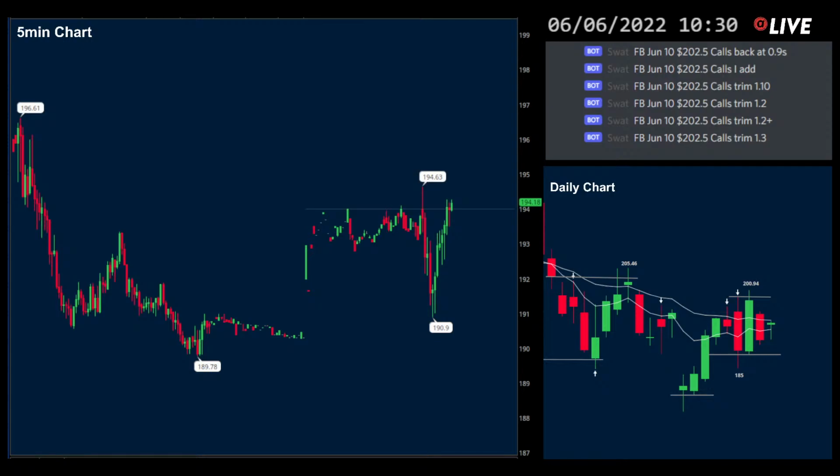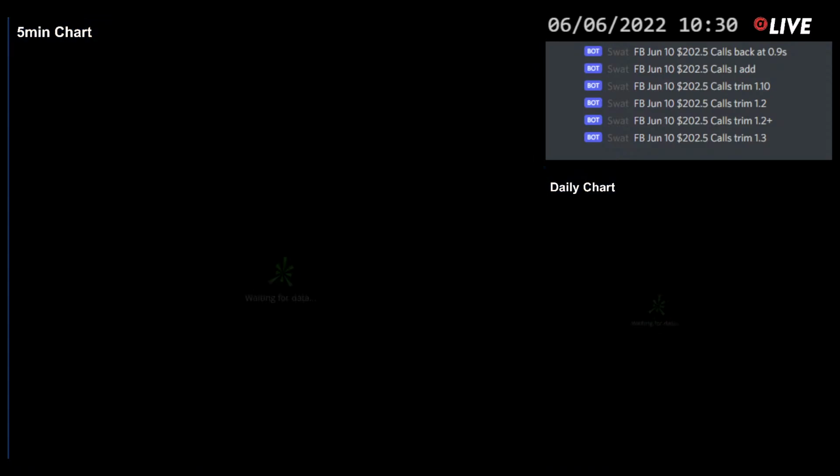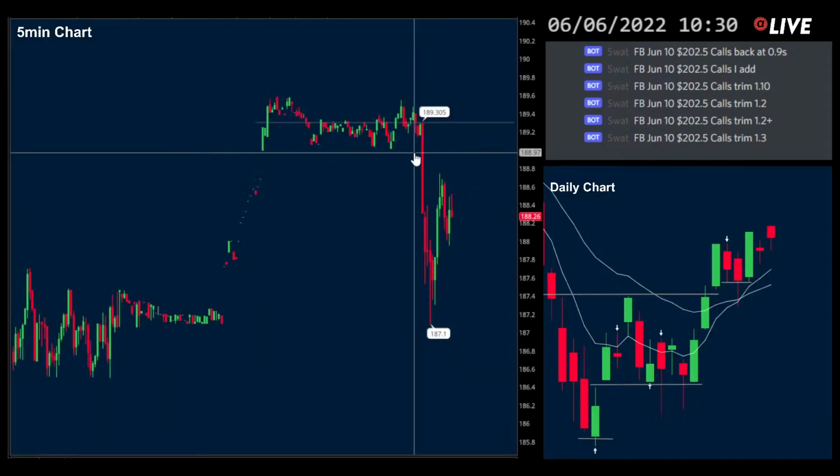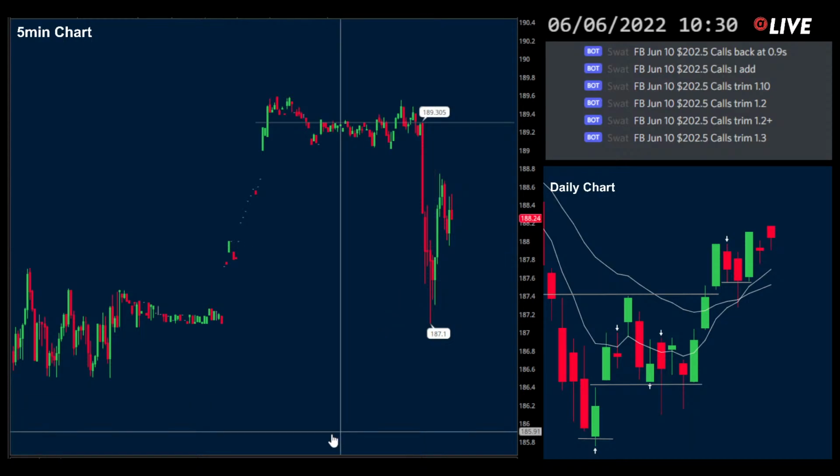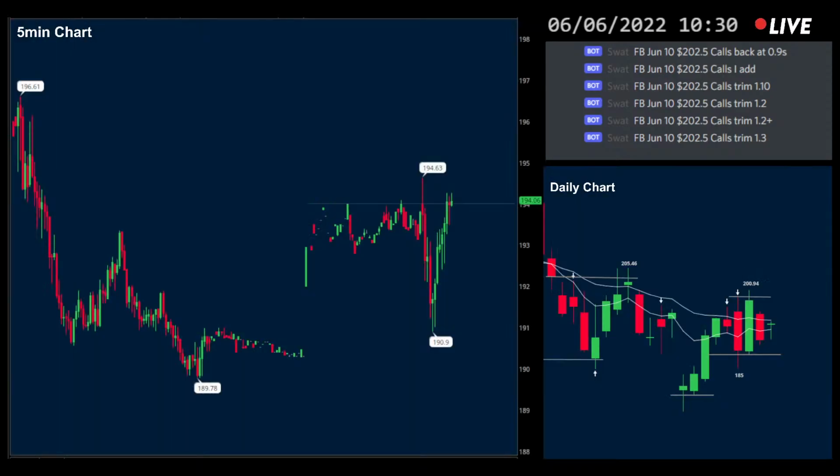Once again, the idea on the IWM short was pretty much to fill the gap. They filled the gap, we closed the short, and they bounced. On the bounce we got some Facebook calls for some nice cash flow. Now I'm trying to be patient, trimming profits on the way.